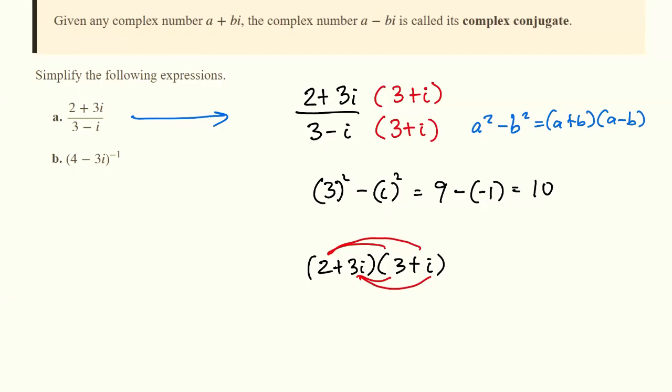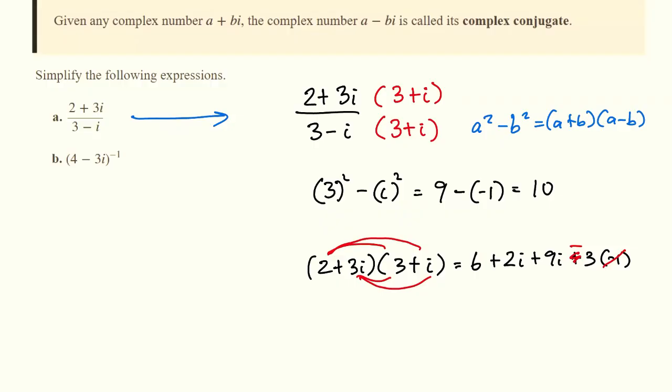Coming here very carefully, 2 times 3 is going to be 6. 2 times i is going to be 2i. 3i times 3 is 9i. And then 3i times i, there's your i squared. Okay, so that's going to end up being a -1, which we can just say, hey, -3. That becomes a -3 there. Scratch that guy out.